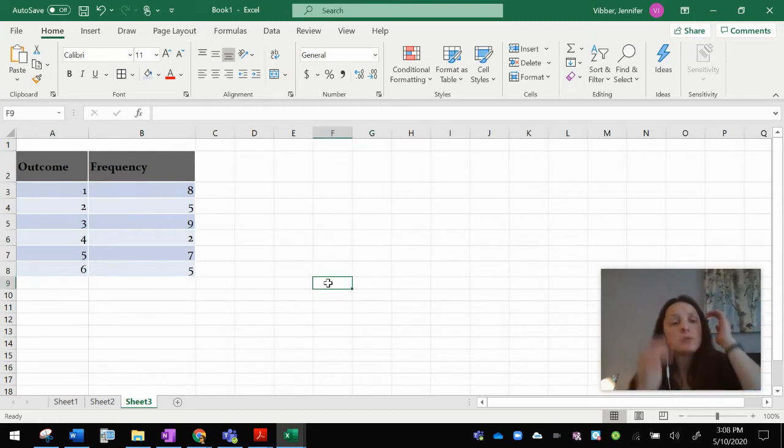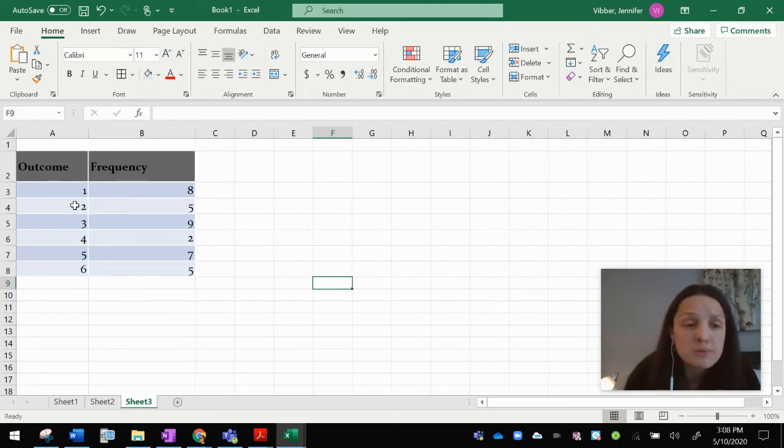So let's say I'm curious whether this information tells me if this die is fair or not. I roll the die. Okay, here are the outcomes. I could have gotten a 1, 2, 3, 4, 5, or 6. Here are the outcomes that I got. I want to see, does this data show statistically whether this is a fair die?